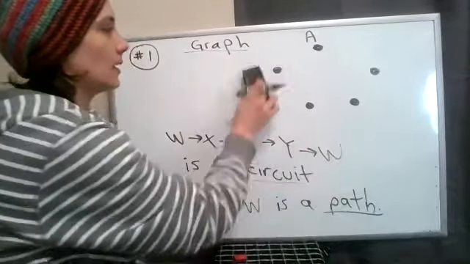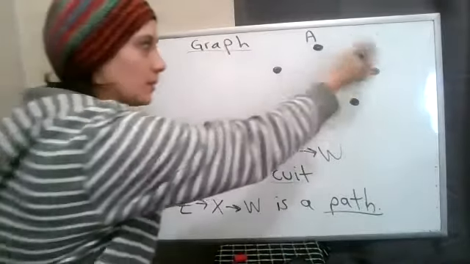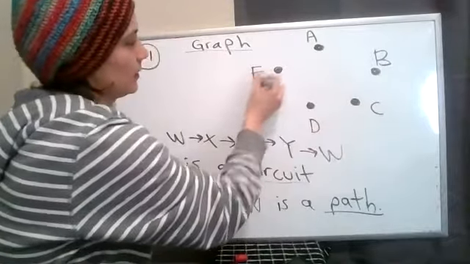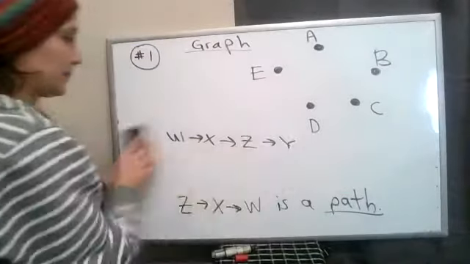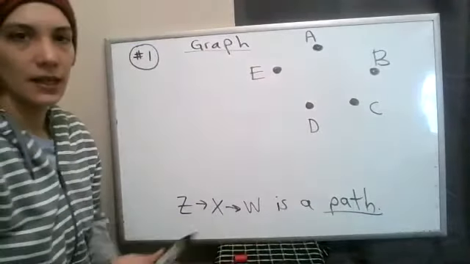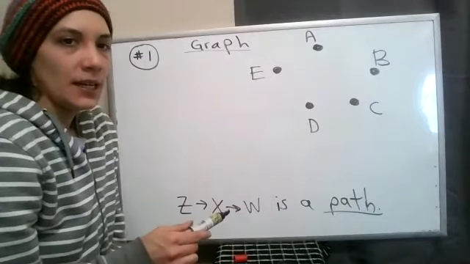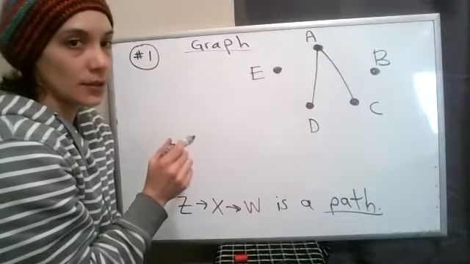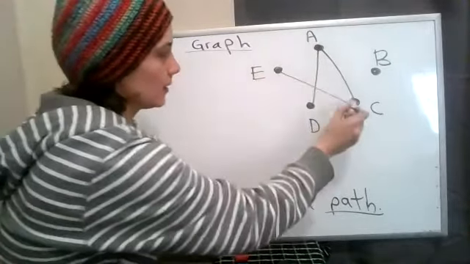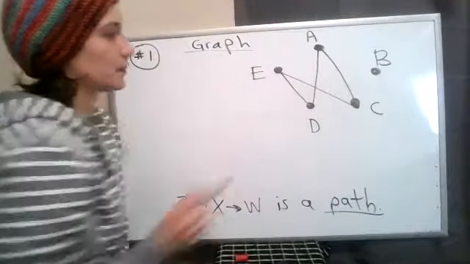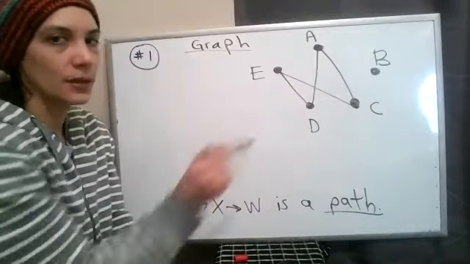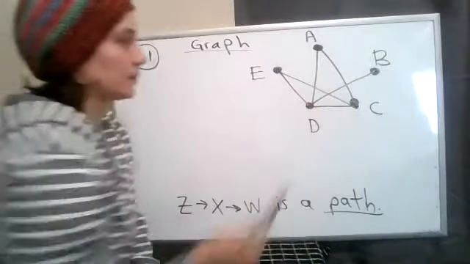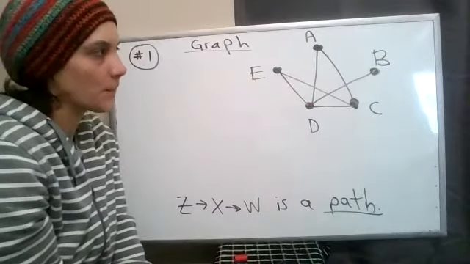So let's see. A, this will be B, C, D, E. A goes to C and D. E goes to C and D. D goes to E, A, B, and C. And that's the graph.